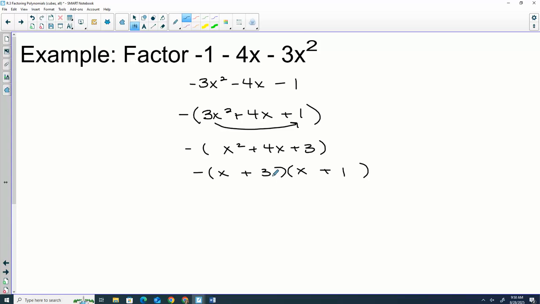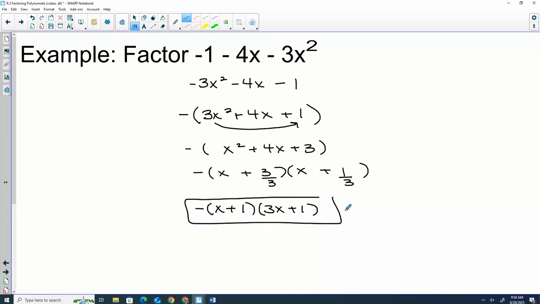And then we divide our 3 back. So 3 divided by 3 is 1. And 3x plus 1. So if things are written in a different order, feel free to switch them around. Also make sure your square term is positive before you slip and slide.